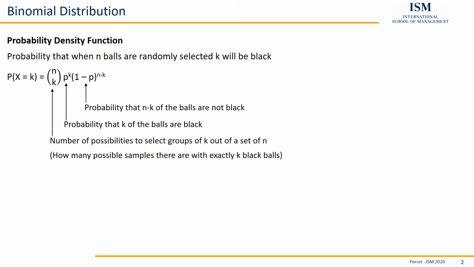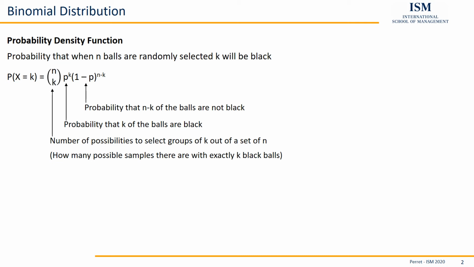We can imagine, if I have n objects, how many subsamples are possible which will have exactly k objects. Or in other words, how many possible samples exist with exactly k black balls? If I have 5, I might imagine I can have black, black, black, non-black, non-black.